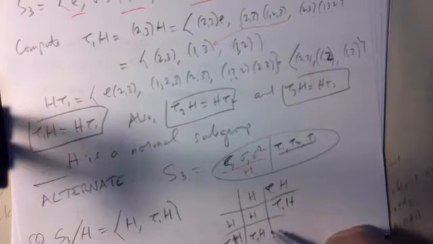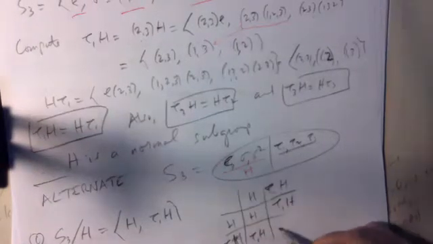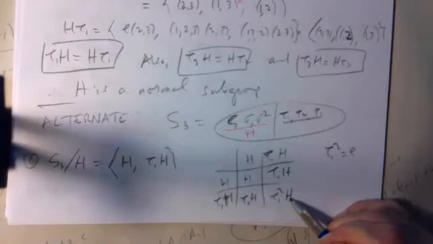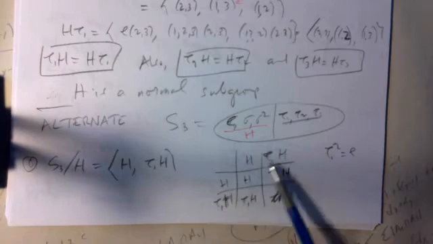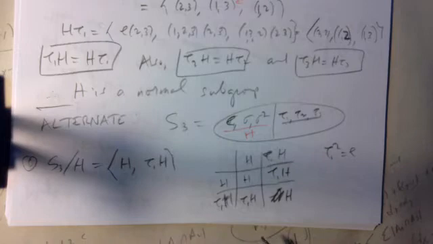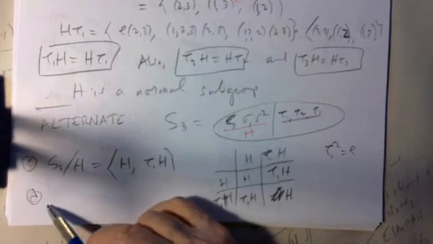This is tau 1H. And this is tau 1 squared H. But tau 1 squared is the identity. So this is H. And it's abelian because order doesn't matter. H times tau 1 is the same as tau 1 times H. Abelian.